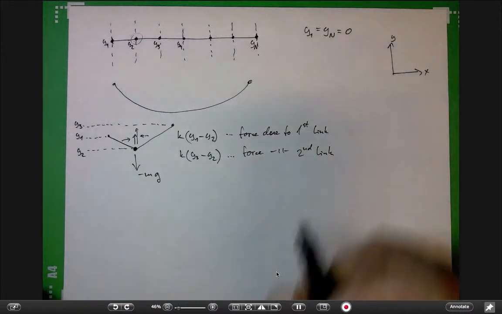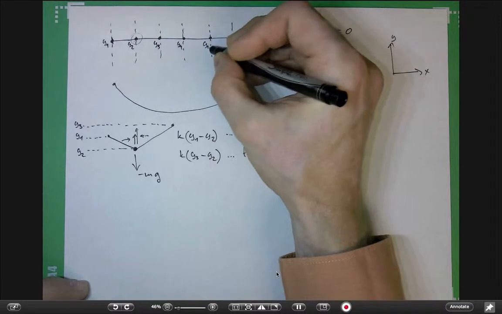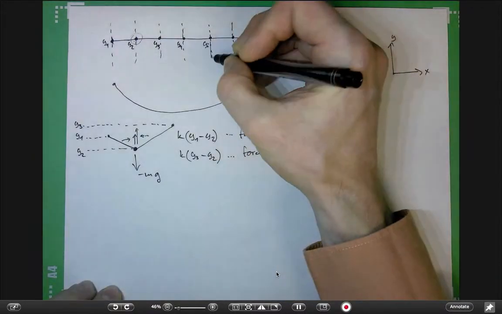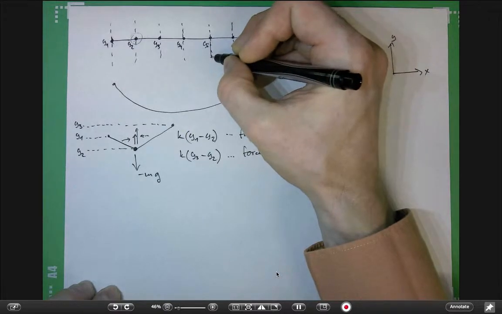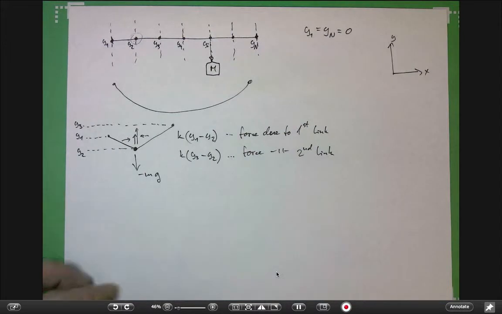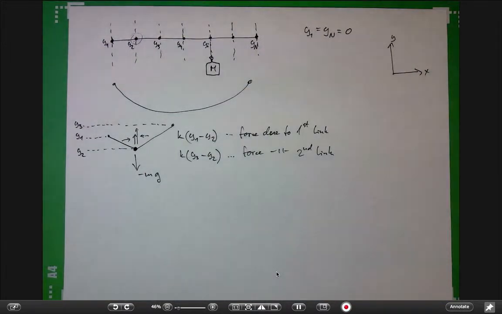And to make things more interesting, on one of the nodes called iy, I will put an additional load. I will put there some extra weight, like this, with the mass capital M. So there will be something hanging on this rope to make it a little bit more interesting.